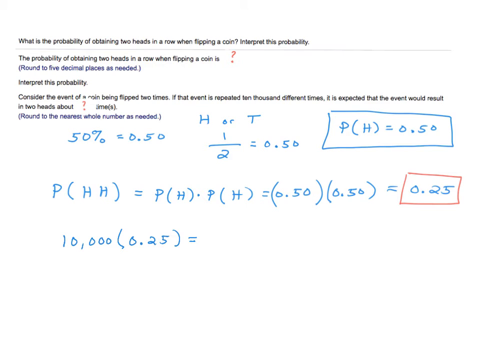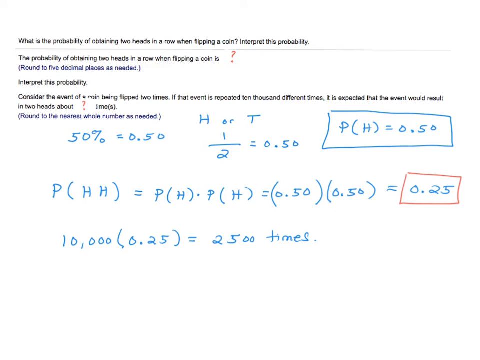So again, if you need to, you can go right to your calculator to get this number, and this is going to be 2,500 times. So this would be an interpretation of what you can do with this value. This is the likelihood that it occurs, and if you're talking about 10,000 different events, you can multiply those two numbers together to get the value that we have here.